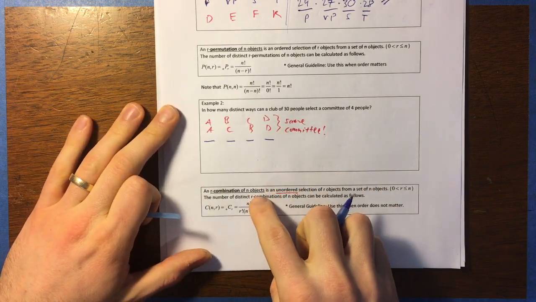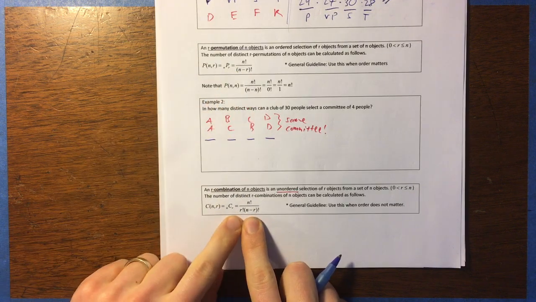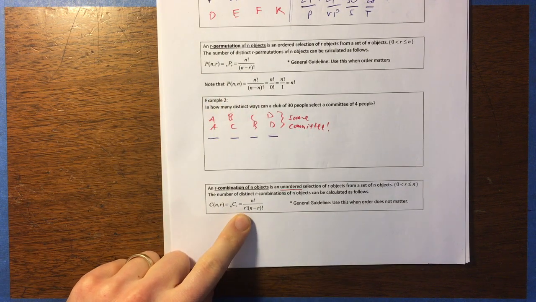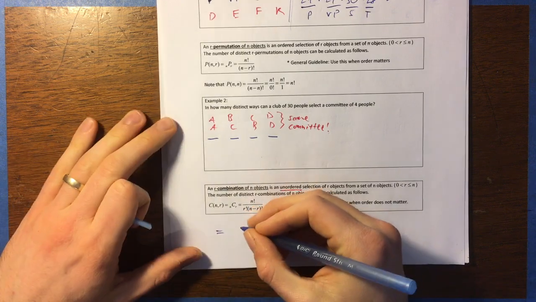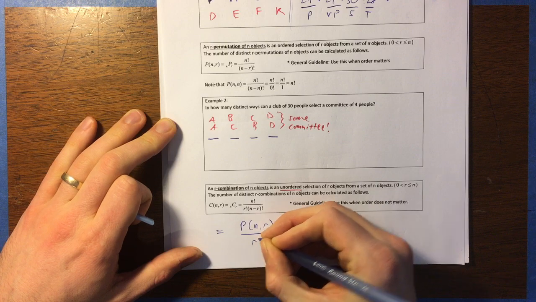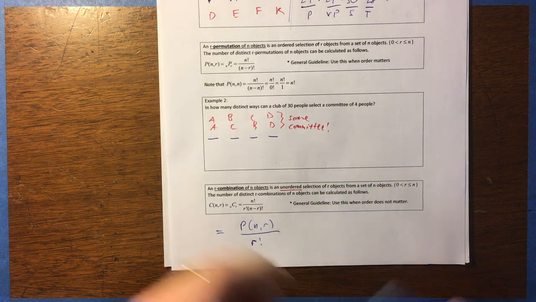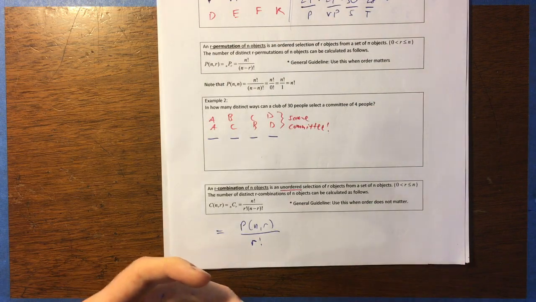It has the n factorial divided by n minus r factorial, which is identical to permutations, but then there's also a factor of r factorial in the denominator. So this is the same as saying, let's take all the permutations, P(n,r), and then divide by r factorial. And the reason for that is basically you're removing the ordering.